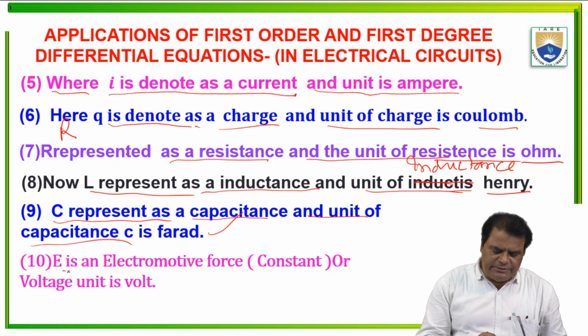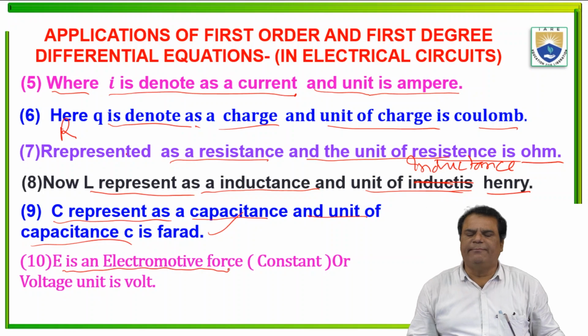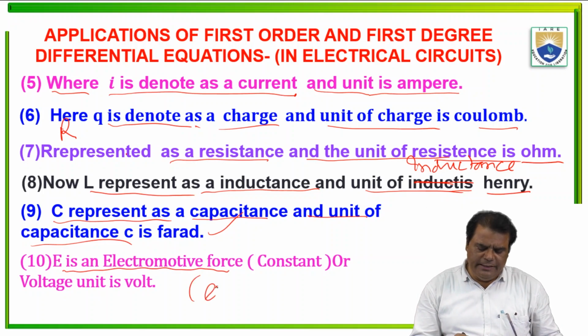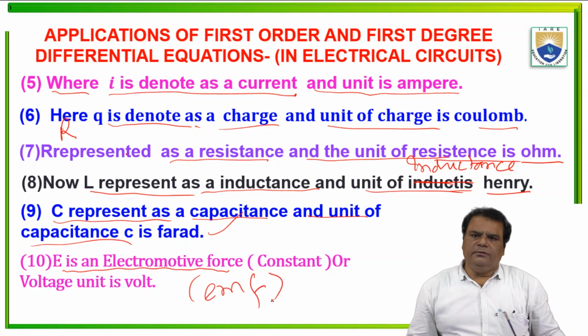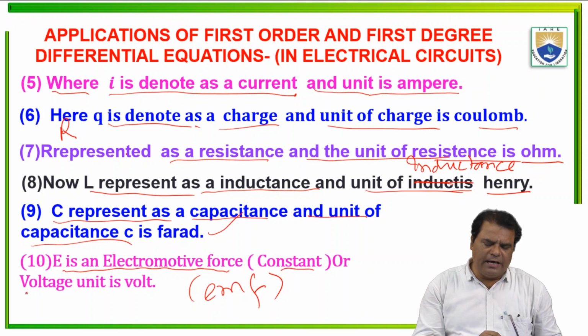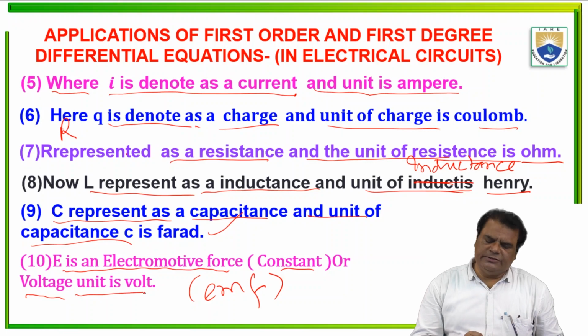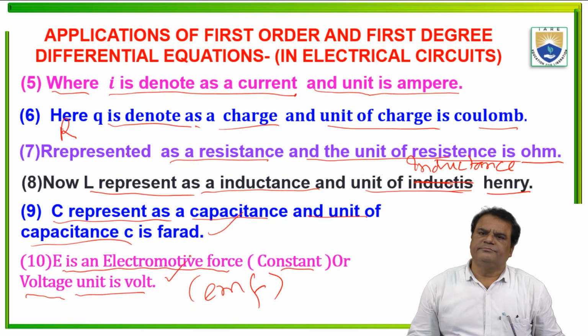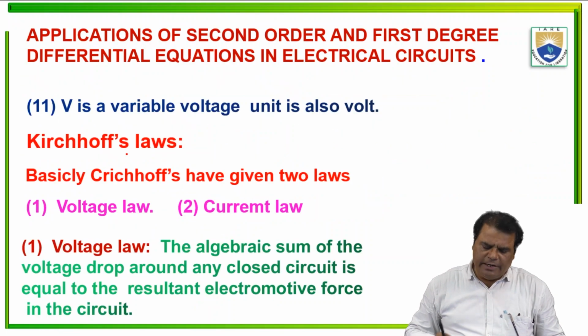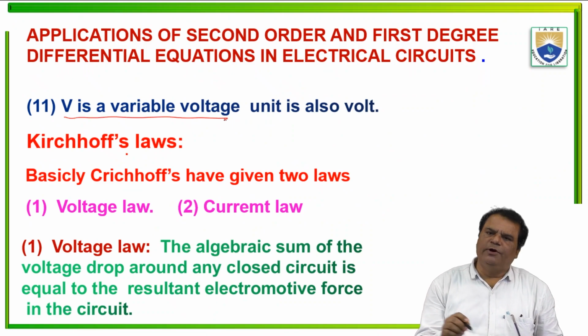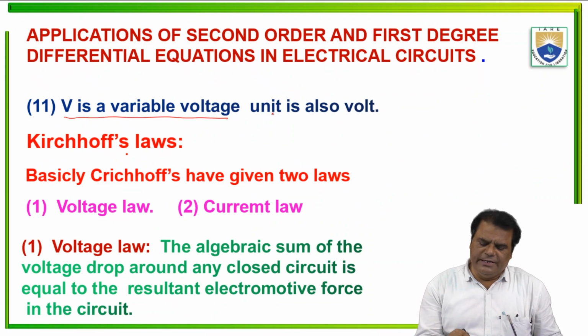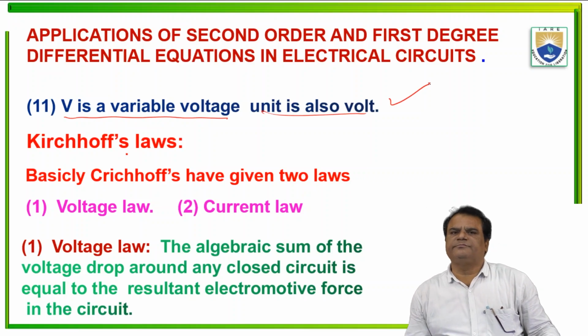At last, E is the electromotive force, EMF in short form. This is constant, or we can say the voltage. The unit is volt. Next one, V is the variable voltage. The unit is also volt.